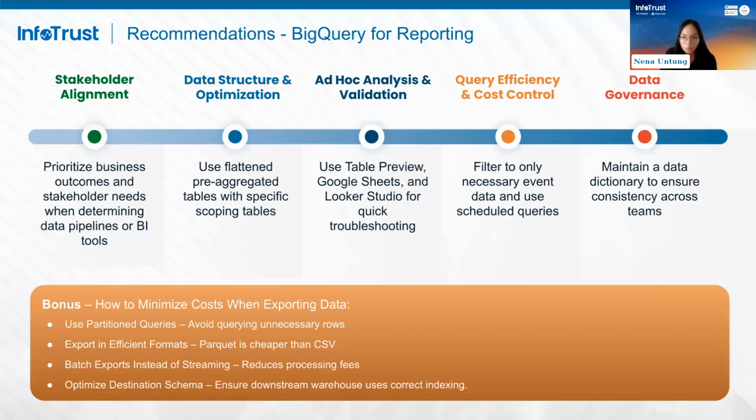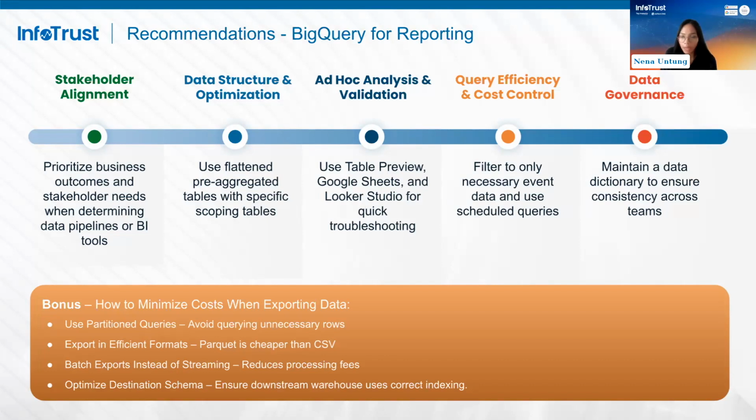To achieve this, we recommend that you first align with the stakeholders, making sure that you're prioritizing business outcomes and business needs when it comes to determining which data pipelines or BI tools you should use. When structuring data, make sure you create flattened pre-aggregated tables with specific scoping tables.